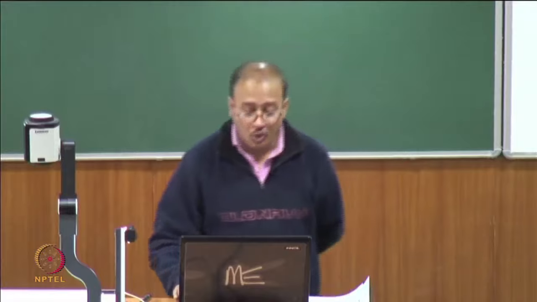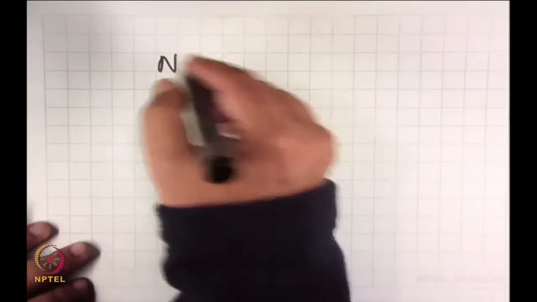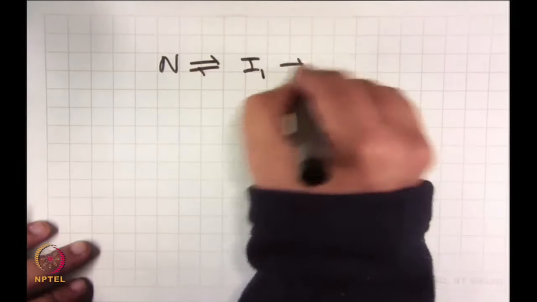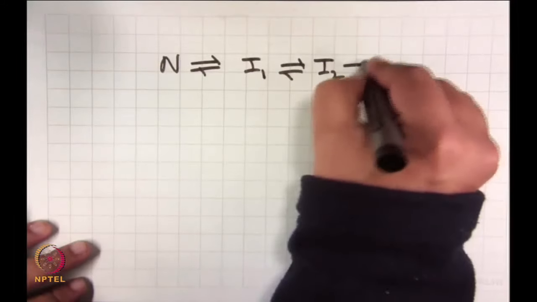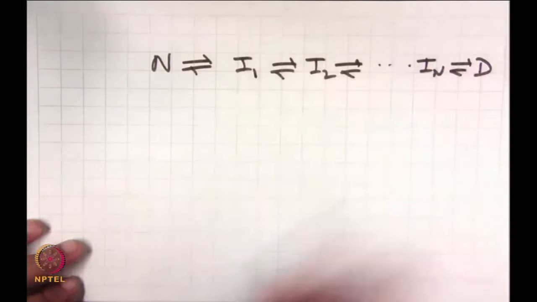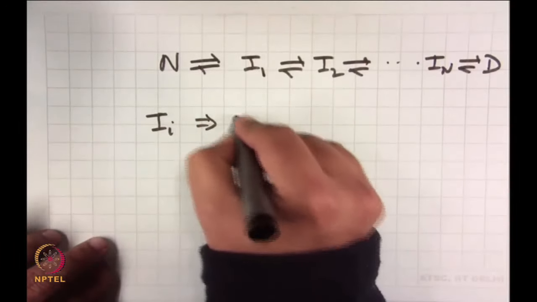Now, this is where we considered only two states, N and D. What happens if we have more than two states? We have looked at a two state scenario. Now, suppose I have a scenario where N is in equilibrium with an intermediate I1, in equilibrium with an intermediate I2, and so on, and finally In is in equilibrium with D. All these I's are referred to as my intermediates.